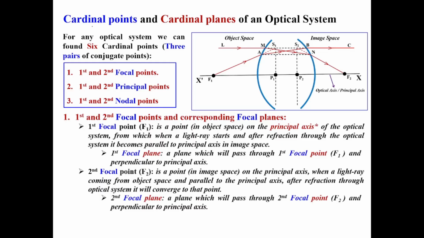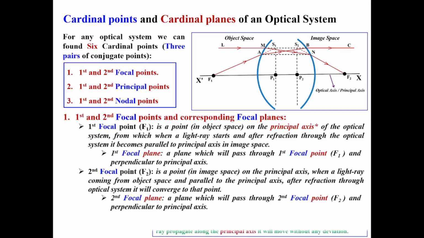Here, the heading I have given is cardinal points and cardinal planes of an optical system. In the figure, this is your optical system. In between these two curves, the optical system is present. And this x dash is the principal axis of this optical system.